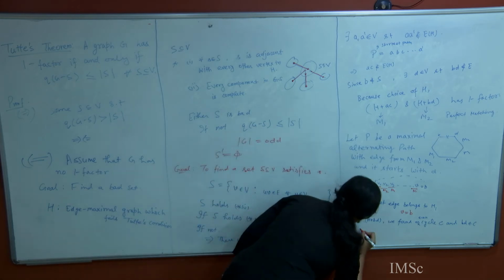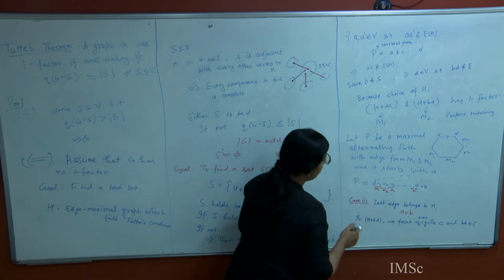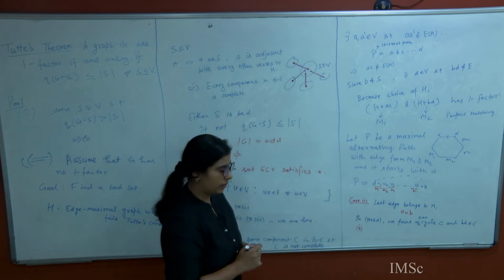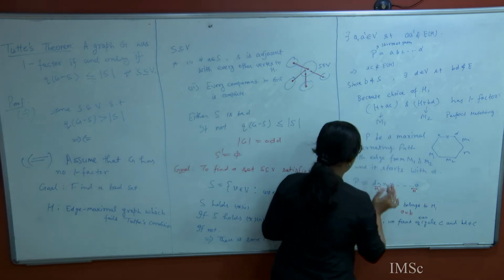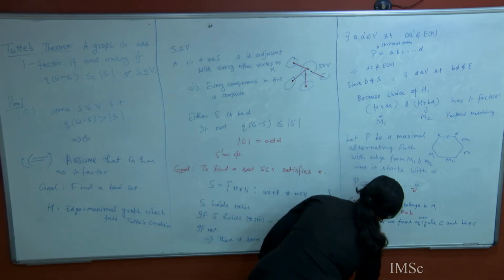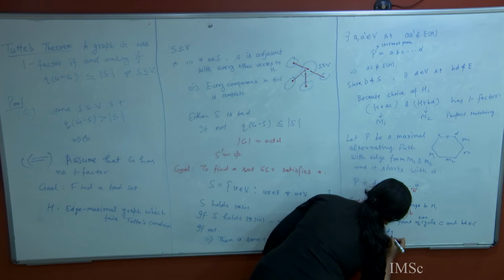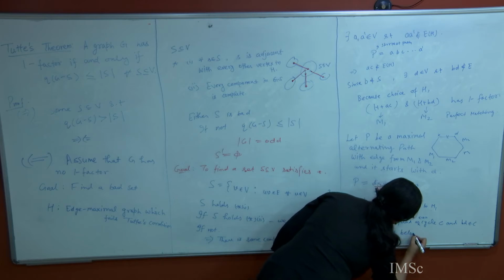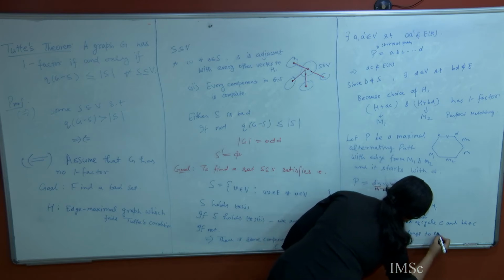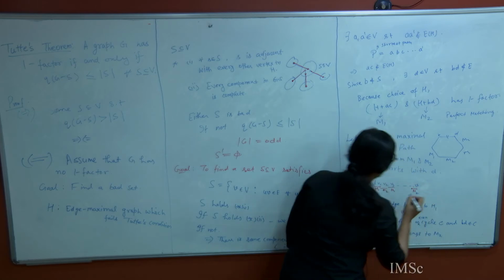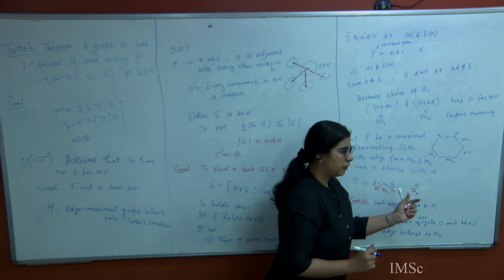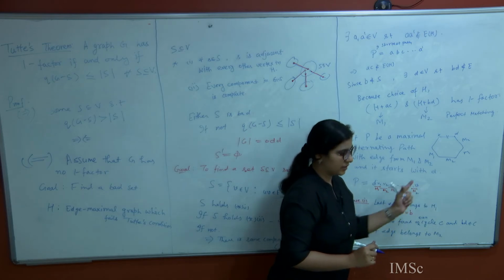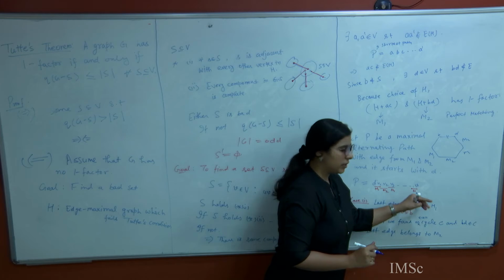Now, in the second case, if the last edge belongs to M2. So, this is M2. If the last edge belongs to M2 and you cannot extend the path, this is a maximal path, what does it mean?